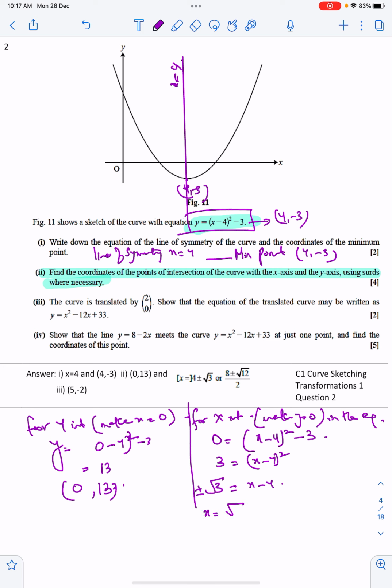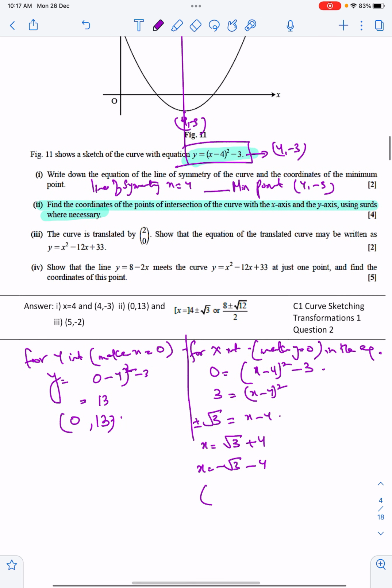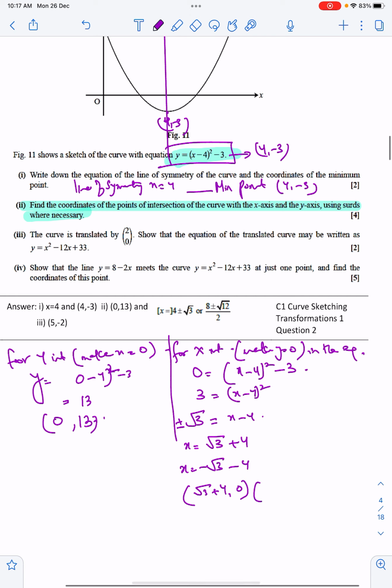One answer is going to be plus root 3 plus 4, and the other answer is going to be minus root 3 plus 4. These are the two x-intercepts. So the x-intercepts in terms of coordinates will be (root 3 plus 4, 0), and the second one is going to be (negative root 3 plus 4, 0).